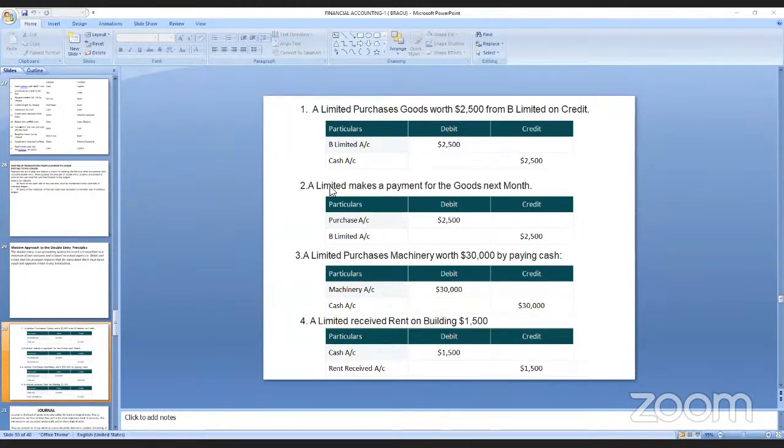So here A has purchased the goods and he will make a payment next month, and when he is giving a payment next month, then we are not writing cash.